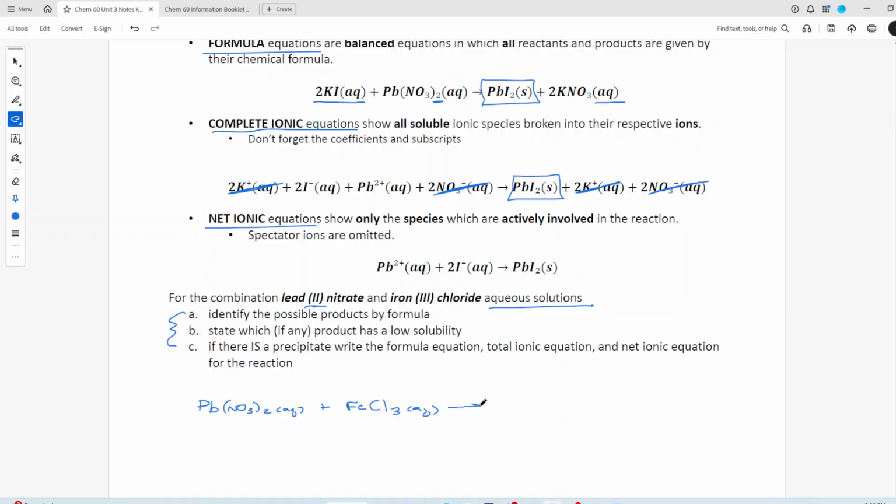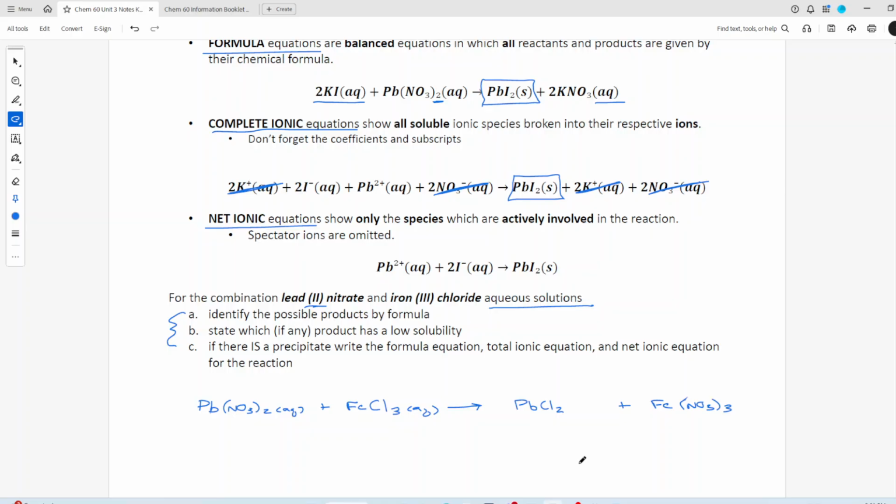And then what are my potential products? My potential products are lead chloride, so the lead was 2+, so now PbCl2. And iron nitrate, so it's going to be iron nitrate with a 3: Fe(NO3)3.